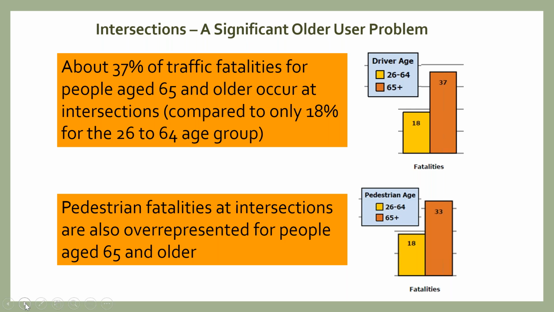Take a common collision type, the permissive left turn: if a driver misjudges the gap in oncoming traffic and turns into a shorter gap, and a collision occurs, we have to think about the protection that our vehicles afford us, and we actually have less protection on our sides.